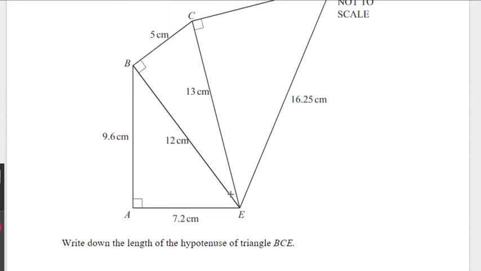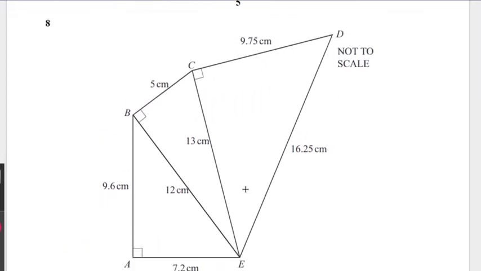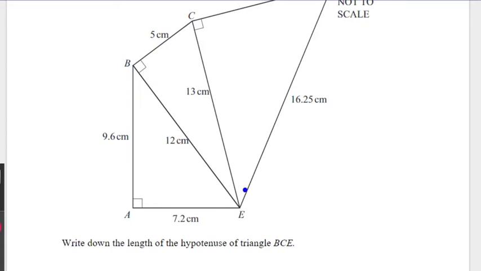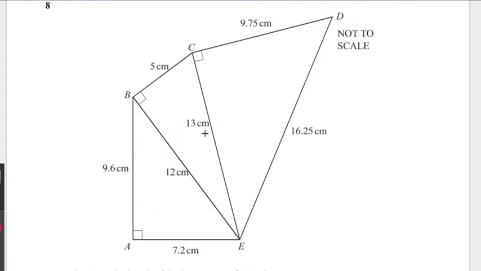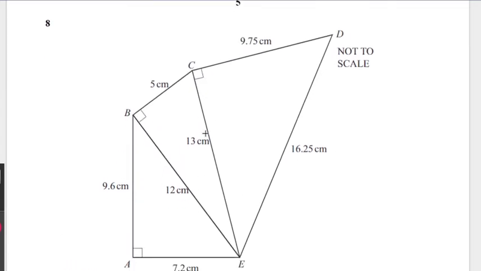Maybe we can revise a bit here. We also can ask you what the hypotenuse of this triangle here is. Again, we focus on this triangle. The side opposite to 90 degrees is your hypotenuse. So the hypotenuse for triangle ABE is 12. Maybe we can try one more just as a revision.